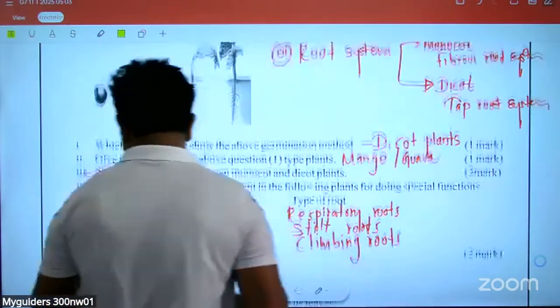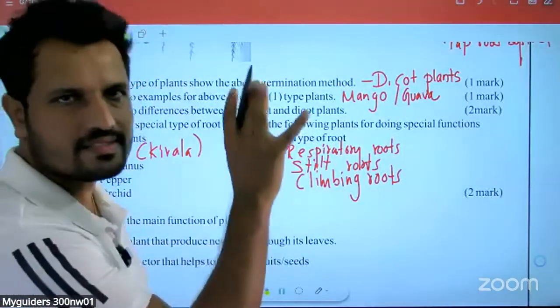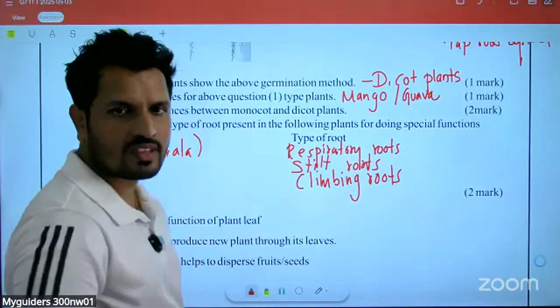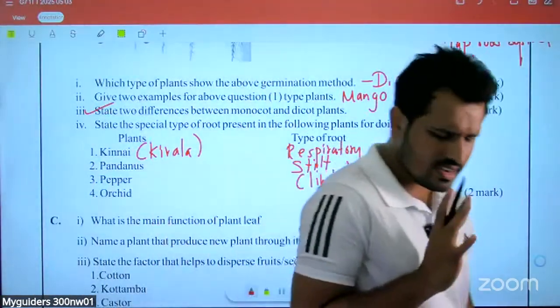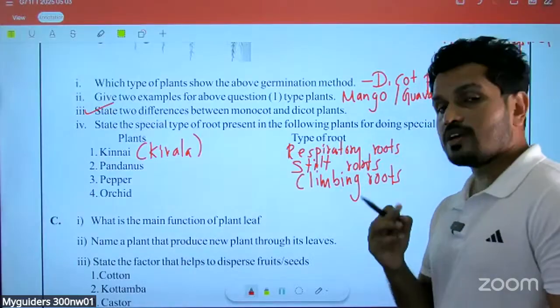Climbing roots support the plant in absorbing more and more sunlight by being fixed to a surface. උඩින් උඩටම යනවා surface එකට fix වෙලා. Orchid aerial roots. These aerial roots are capable of absorbing moisture from the atmosphere.